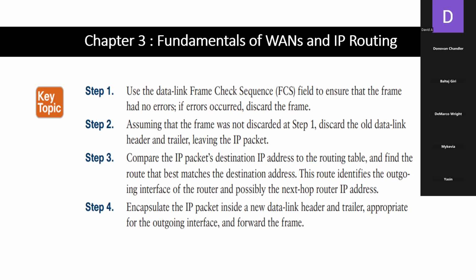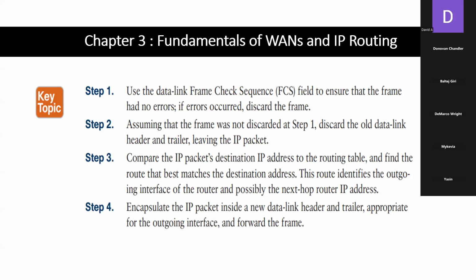If I don't see a match for it, it's still my job to find the route that best matches the destination address, right? So this address will sometimes identify within your routing table the outgoing interface of the router or possibly the next hop router IP address, AKA your default gateway, or your default route.